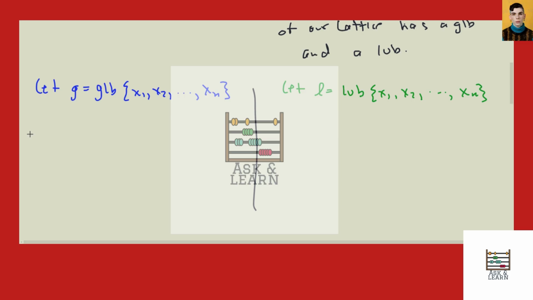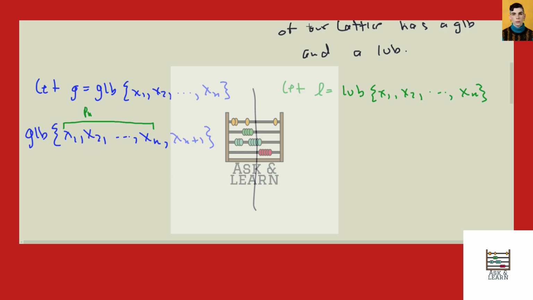So over here, now let's take the greatest lower bound of x1, x2, dot, dot, dot, all the way up to xn, xn plus 1. Well, notice that this right here, this is essentially our statement Pn.